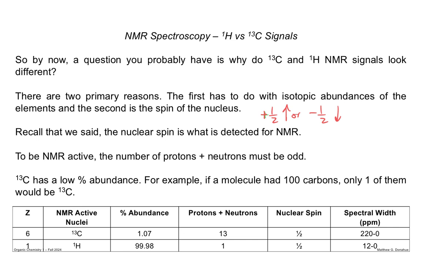And if you visually want to think about it, it's spin up or spin down, or spin clockwise, spin counterclockwise. And again, that's just a tool in which we as humans think about what is happening. And so these are different spin states. So the C13 or the 1H can be in one of two spin states.